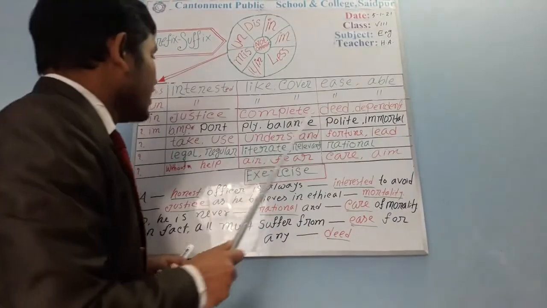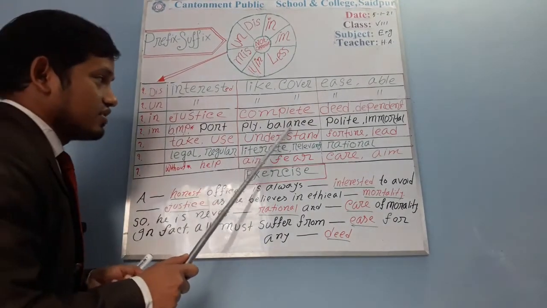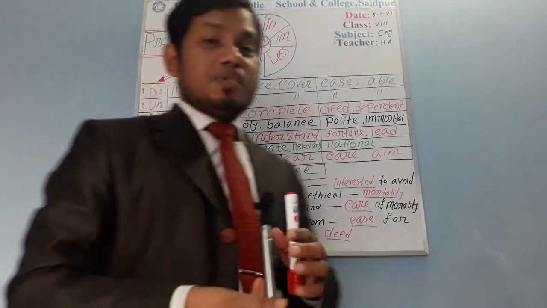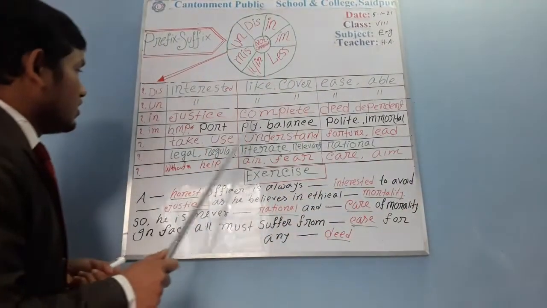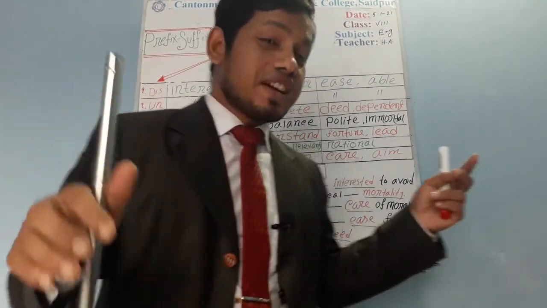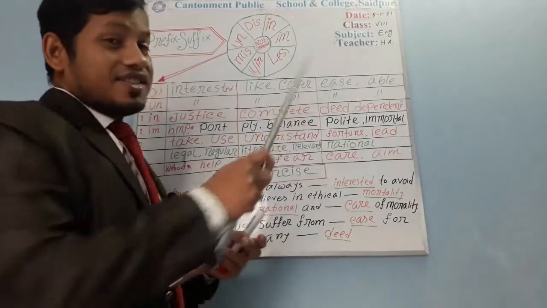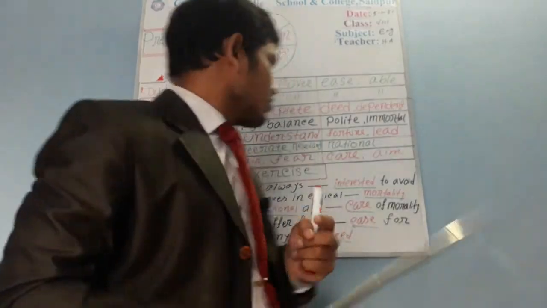Like this, balance and imbalance, right? Balance means a particular movement, a positive movement or sense, a change. But imbalance means not balance. Always keep in mind, all these prefixes, again I am telling you, give a negative meaning, not an opposite, right?